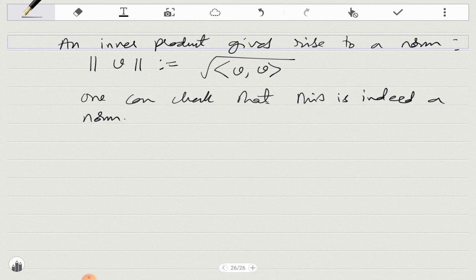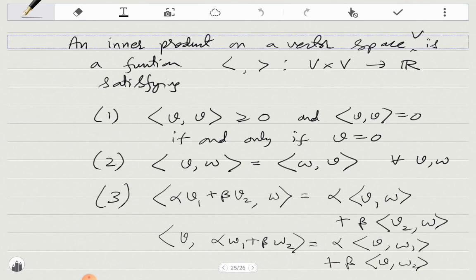Now, what is not obvious on the face of it? The triangle inequality, because in the definition of an inner product, there is nothing which resembles a triangle inequality. In fact, the only place where we have an inequality is the first property, that the inner product of v with itself is greater than or equal to 0.